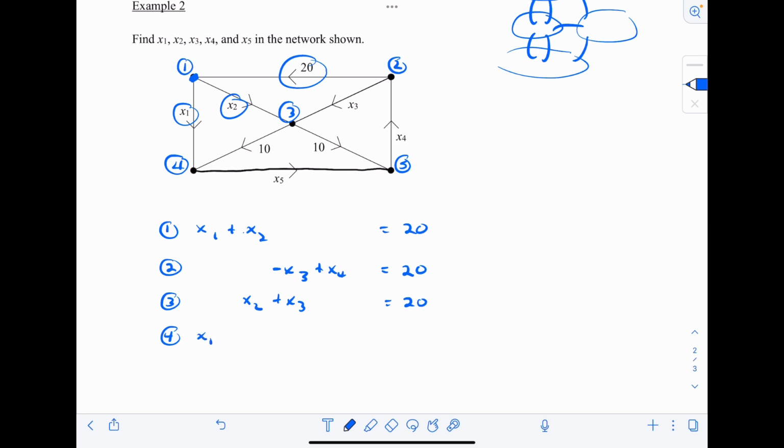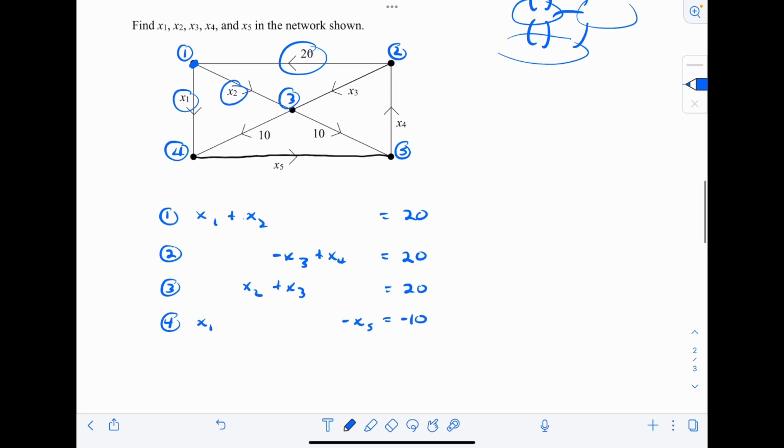So we've got x1 minus x5 equals an inflow of 10, so then that's a negative 10. And then for node 5, we've got an inflow of x5, and an outflow of x4, so that's a negative. And then we've got an inflow of 10, which is going to make that a negative 10 on the right side.